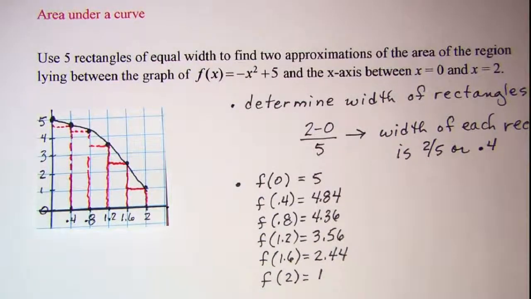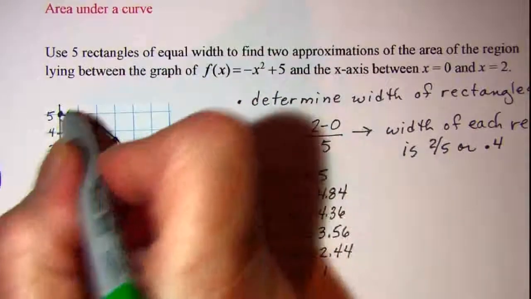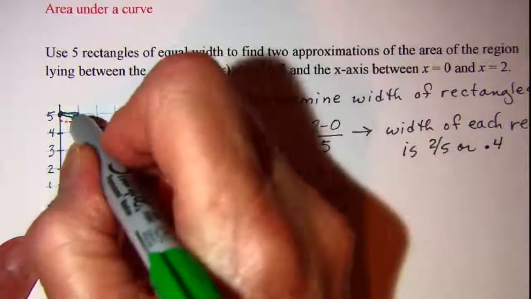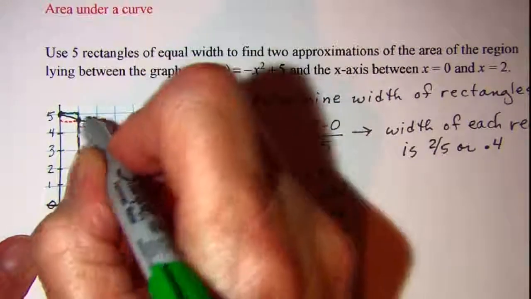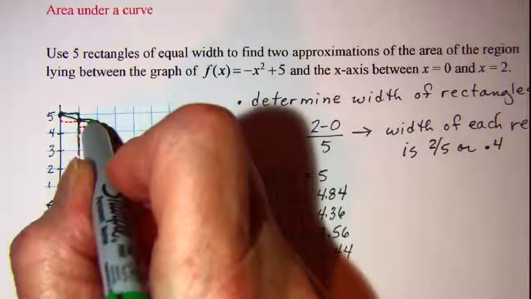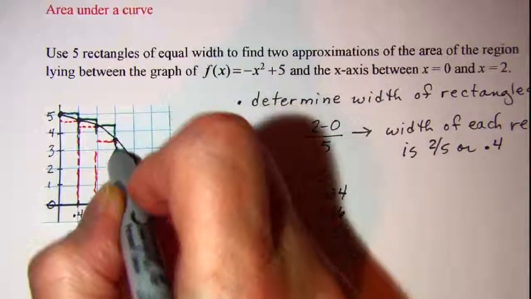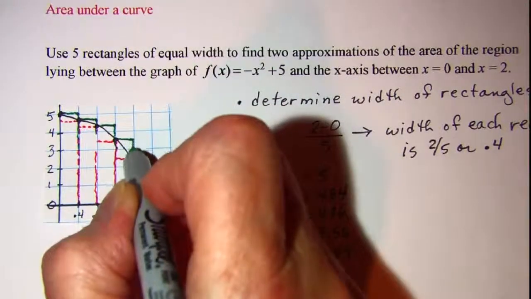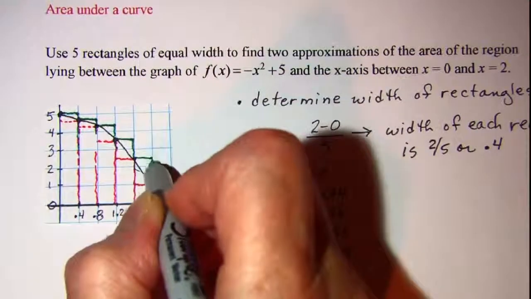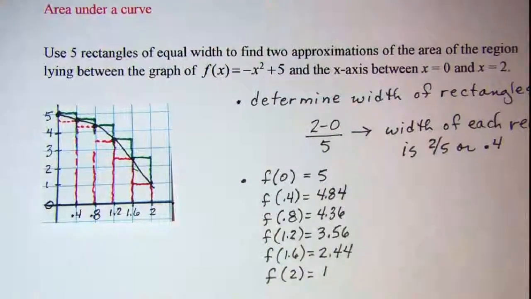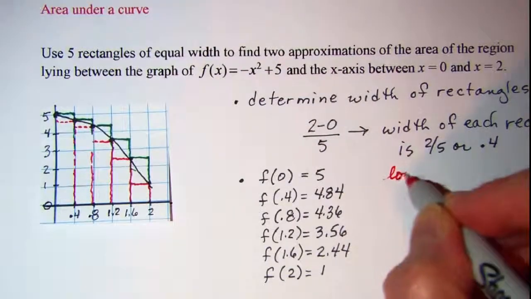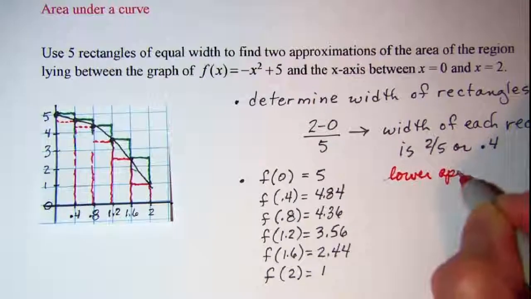And the other approximation, and what we'll be doing is finding the area of each of those rectangles and adding them up. And then the other approximation will come from the upper rectangle. Let's find the lower approximation first.